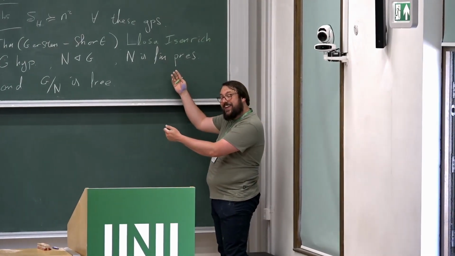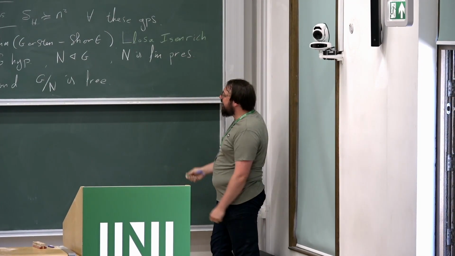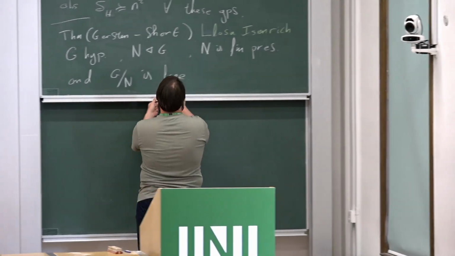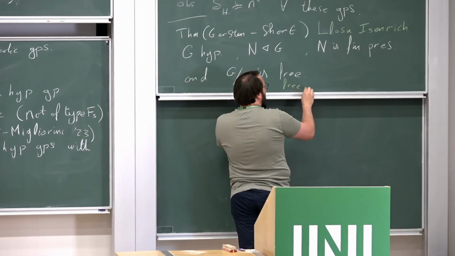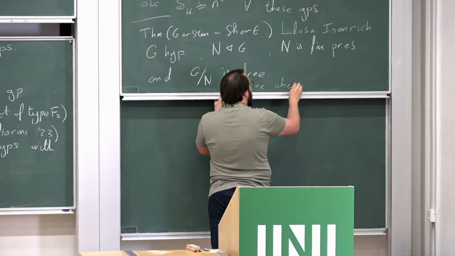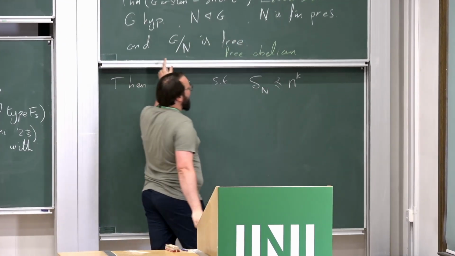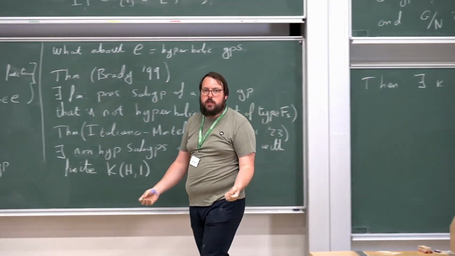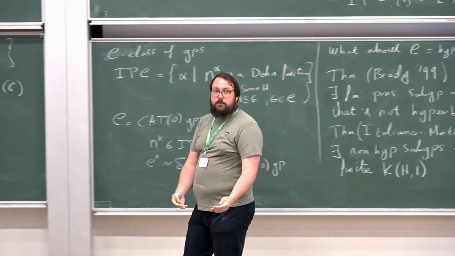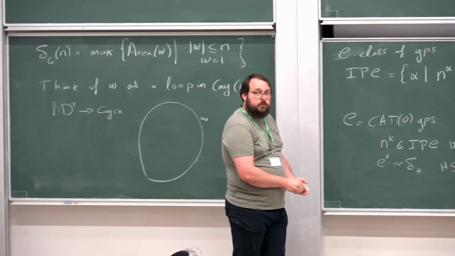Yeah, but Claudio, more recently, was able to say, well, if G mod N is free, you have Gersten and Short, but Claudio said, same result, but free abelian. So if the quotient is either free or free abelian, then you have polynomially bounded Dehn function.